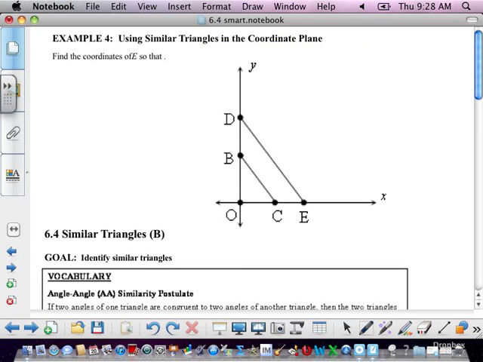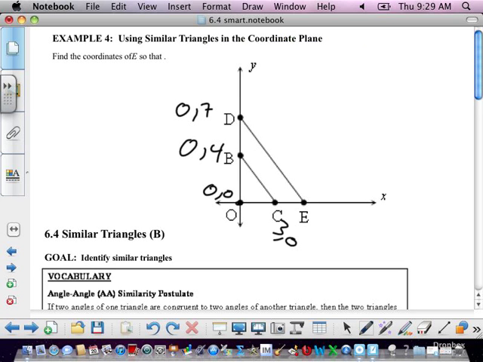Okay, we know that we're right here. O is at 0, 0. We know B is at 0, 4. Whoever's tapping, please stop. C is at 3, 0, and D is at 0, 7. Okay. What is the length from 0 to B?